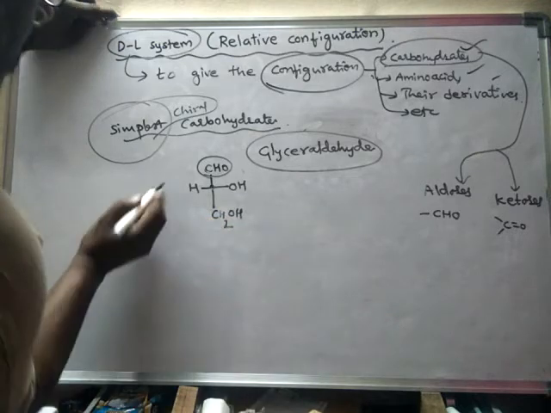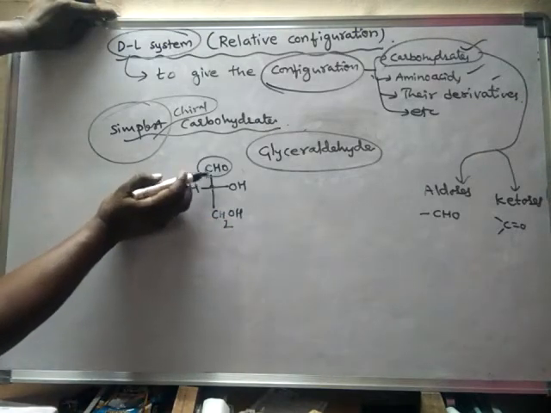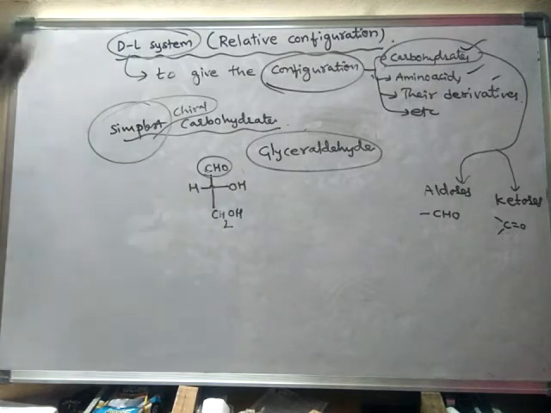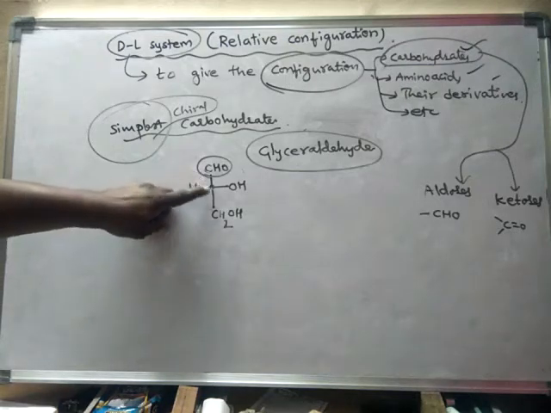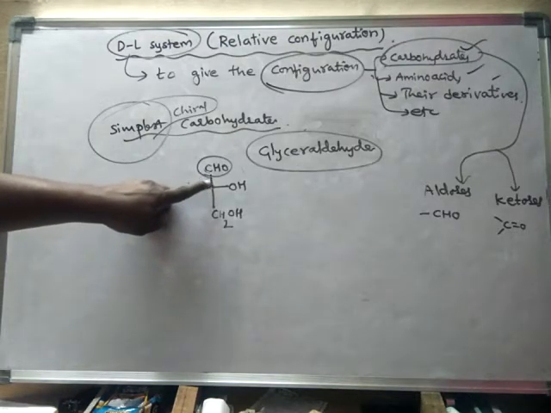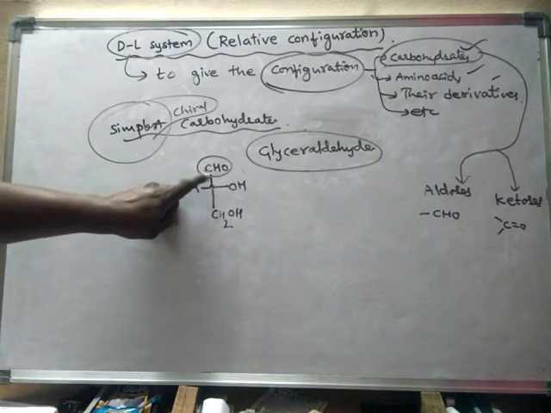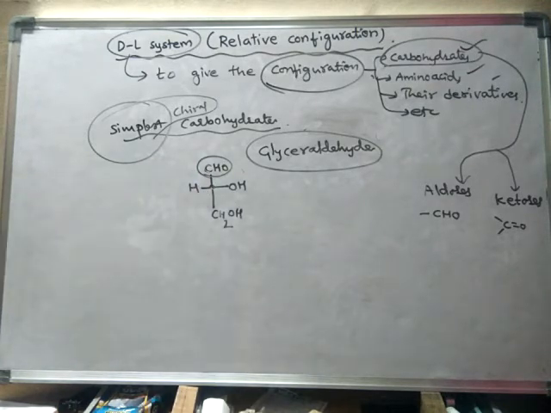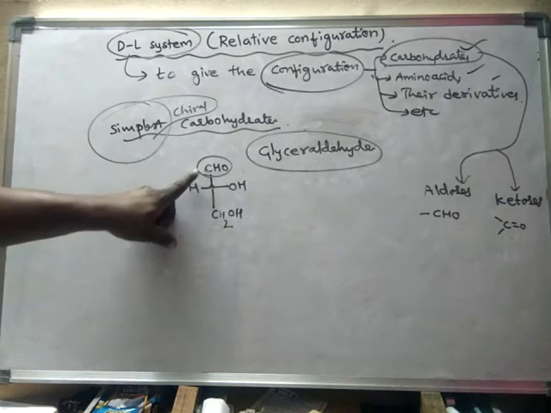Now from this aldehyde group, the farthest chiral center is this one. Farthest means more distantly located. From this group we consider the most distantly located chiral center, and here there is only one.